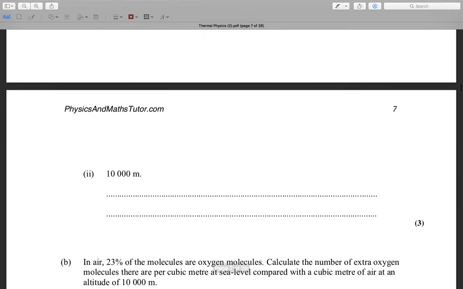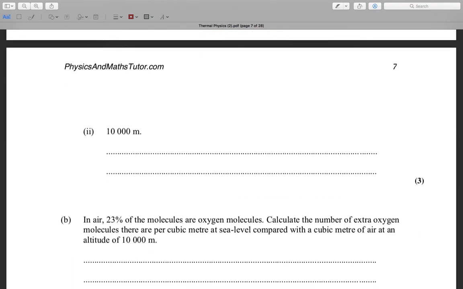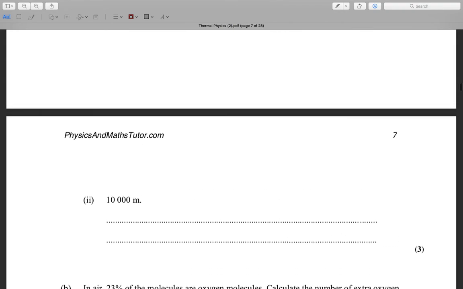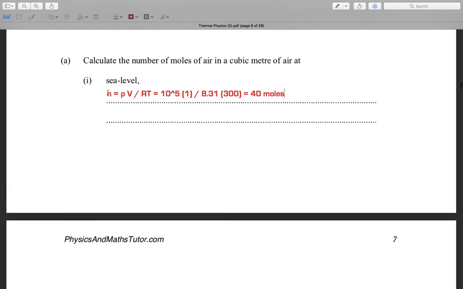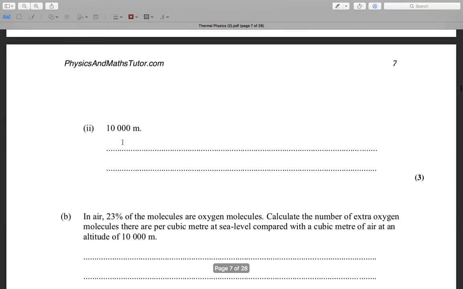The second one is at 10,000 meter. We use the same formula, but with different pressure and temperature. n equals PV over RT.